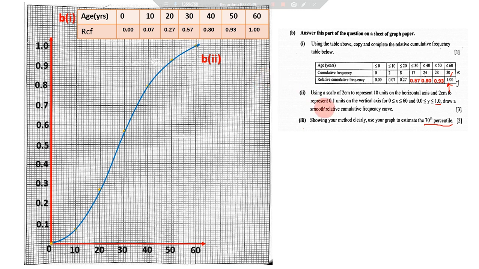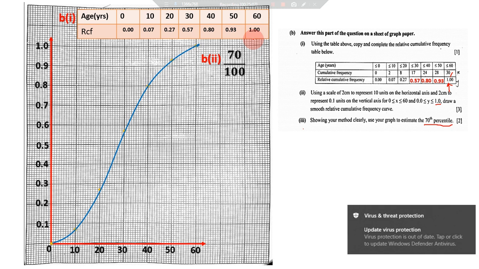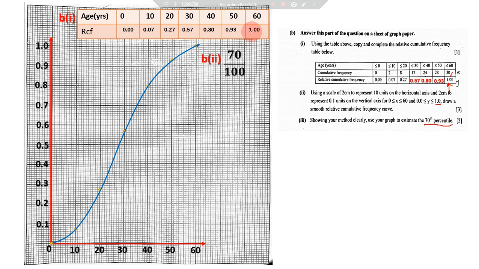Okay. So we divide the 70 by 100, removing it in percentage form, times the data set. Now, data set represents the last number in your y values. Please do not use the last number on the axis. Okay, on this one it's okay because the last number here is just the last number in the table. But there are questions, for instance, for cumulative frequency table, you'd find that the last number here is maybe a 250, but on the scale here, the scale has gone up to 300.